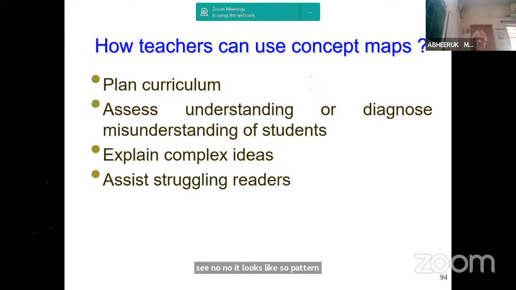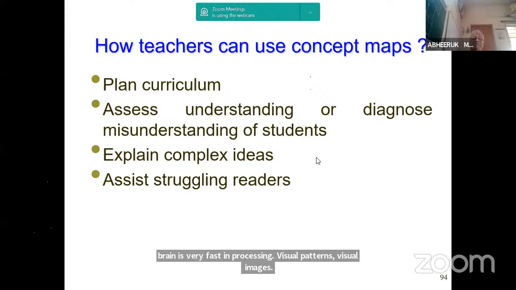You check the pattern: here Y is not there, here probably I is there. Like that, you make out. So this is the visual pattern. Our brain is very fast in processing visual patterns and images than text.